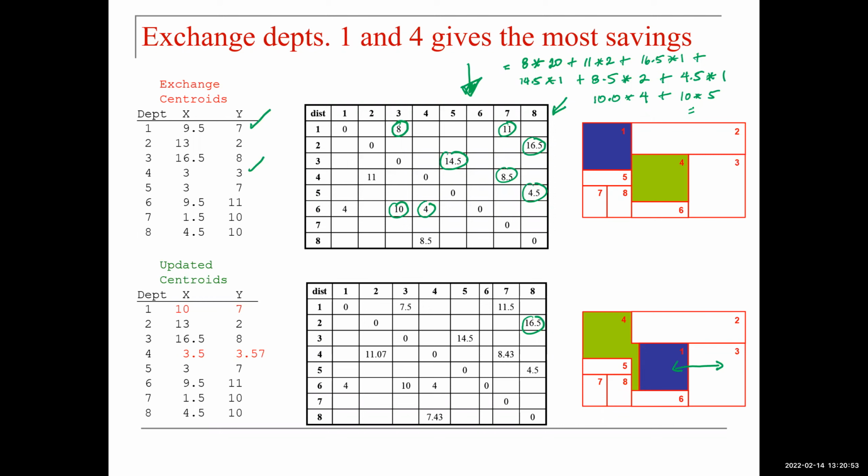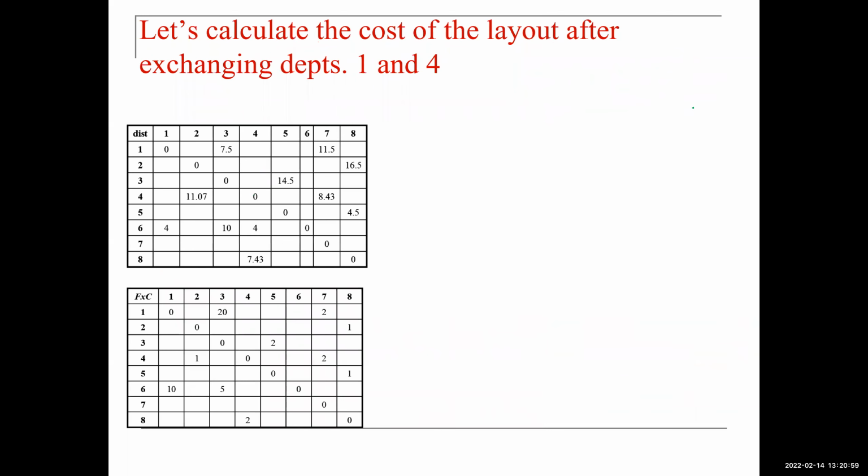And then using the centroids and the updated distances with the new centroids, we can compute the final cost of the layout, which is going to be cost times distance times the flow.